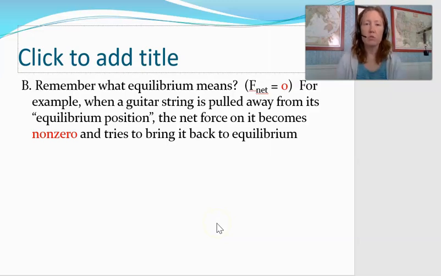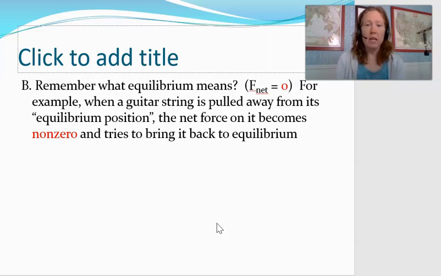So talking about forces again, going way on back to our forces chapter. If you remember, equilibrium was when the net force on something was 0. And so something is going to repeat motion if it's being pulled and pushed to get back to equilibrium.